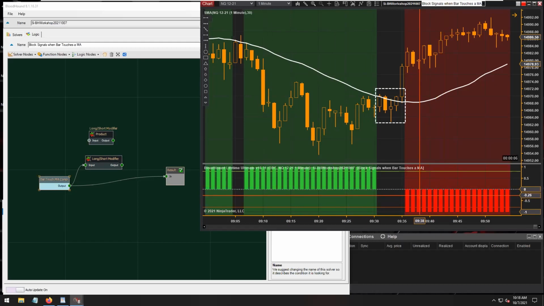So when there is a short output, I want to mirror that to also produce a long output, right? So in other words, we want both a long output and a short output together whenever there is an output, right? That way, long or short signals would be allowed when price is not touching, but also when price is above and not touching.